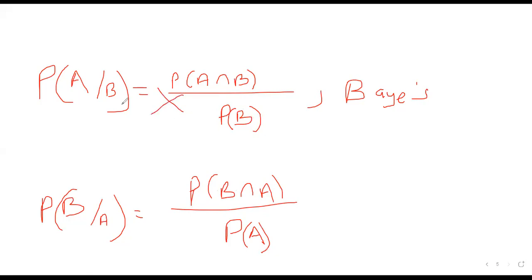So we cross multiply. Here there's a 1. So we're going to have the probability of A intersection B is equal to probability of A given B times what?